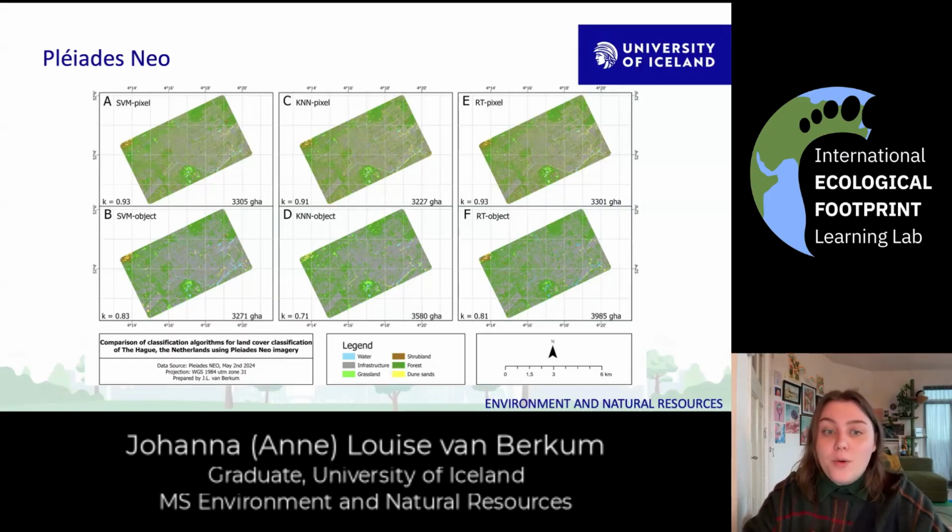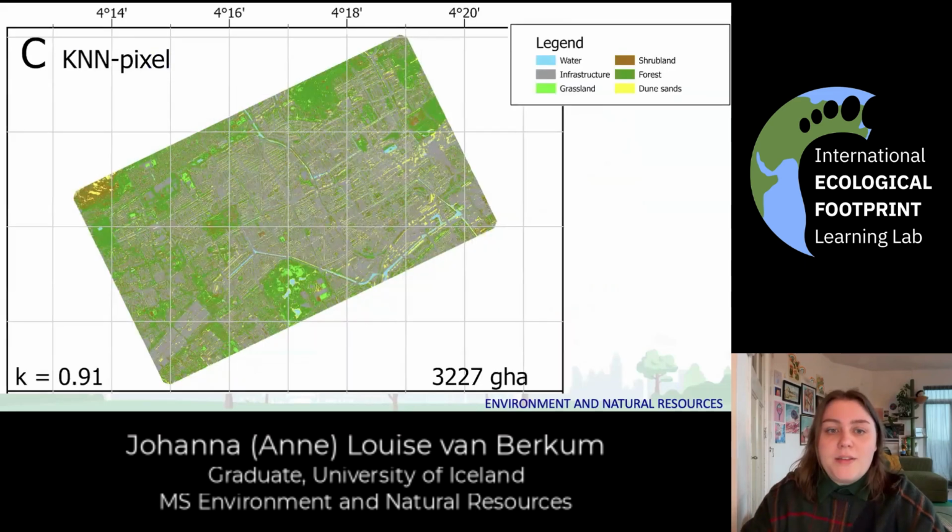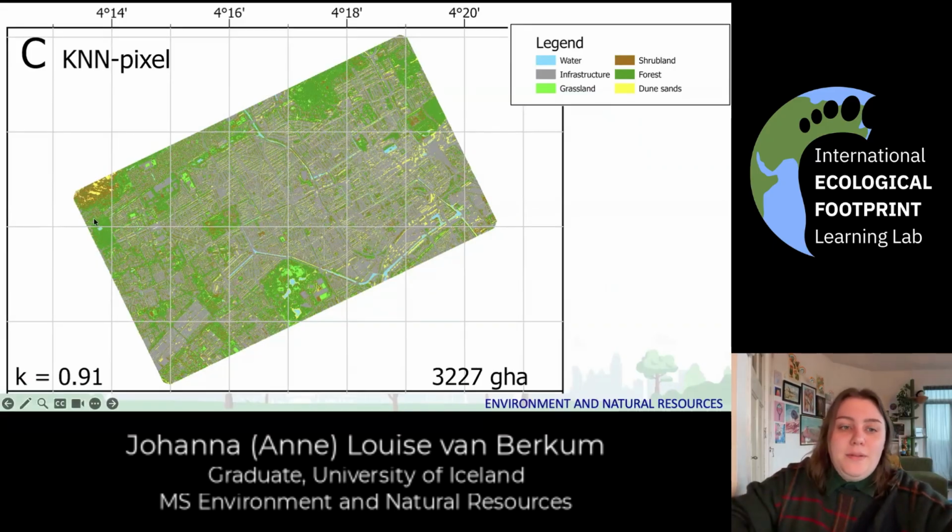And then on the bottom right corner is the global hectares that this study area has in bioproductivity. So I wanted to highlight here the middle column of results. First going to the top one, because one of the issues I was facing for a long time were misclassifications of shaded areas being identified as dune sands. So in the left here, that's where the actual dune sands are.